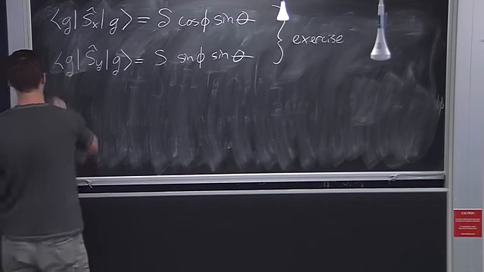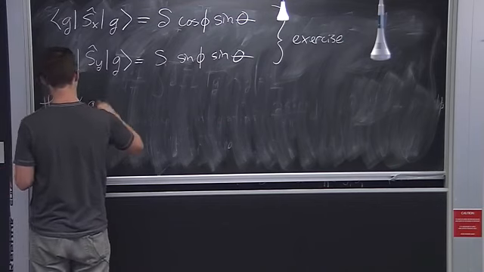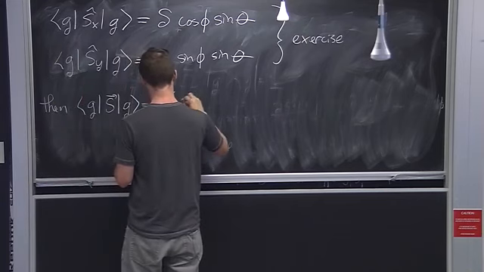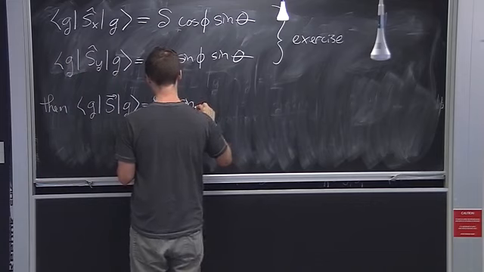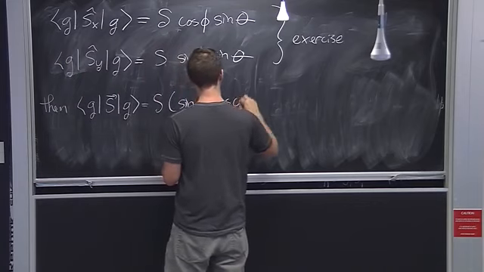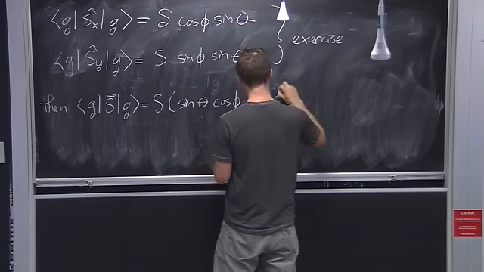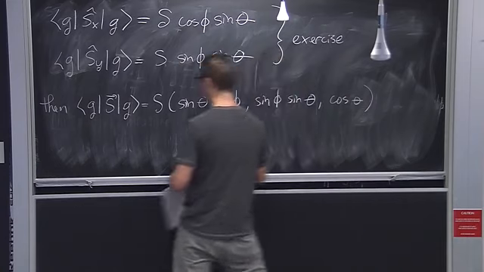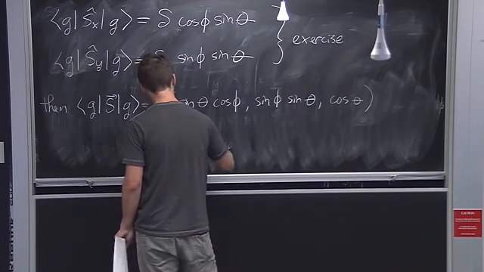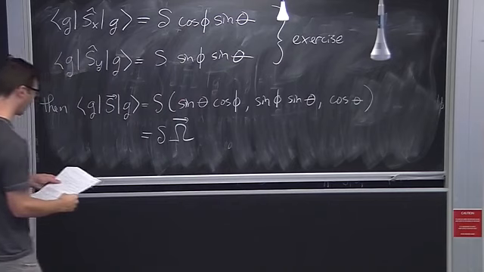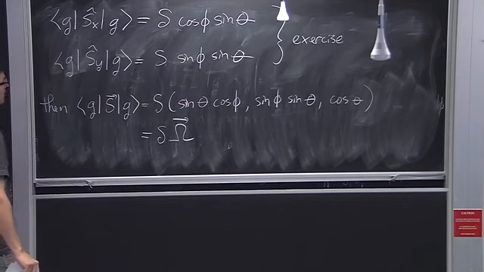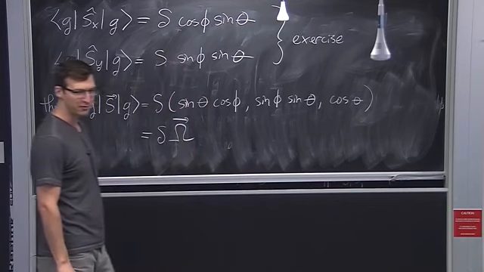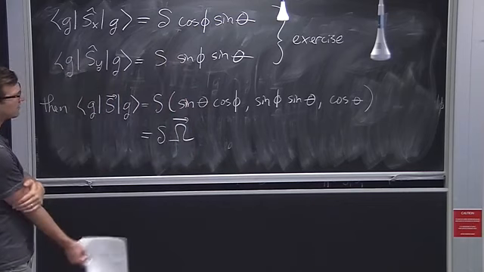So if we write this component by component, we'll recover all the components of the unit vector. I think that's no surprise.